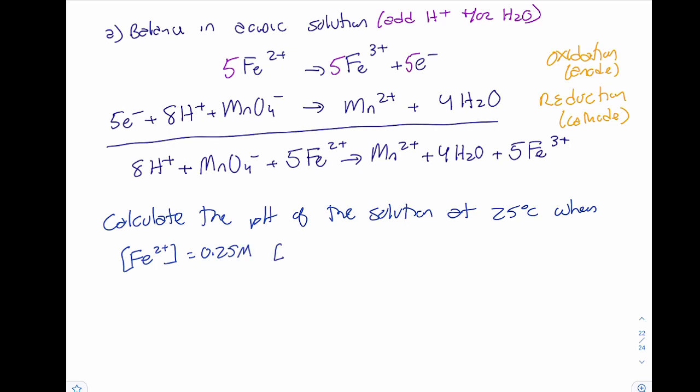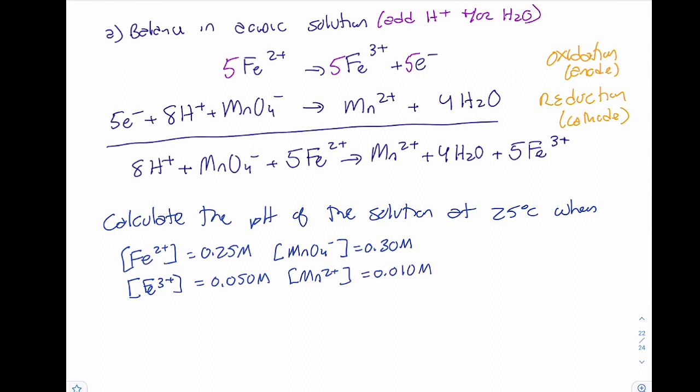Our concentration of MnO4 minus is 0.30 molar, my concentration of iron 3 plus is 0.050 molar, and my concentration of manganese 2 plus is 0.010 molar. And then our cell potential for this problem is 0.67 volts.